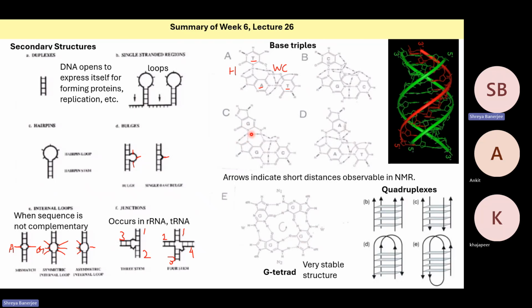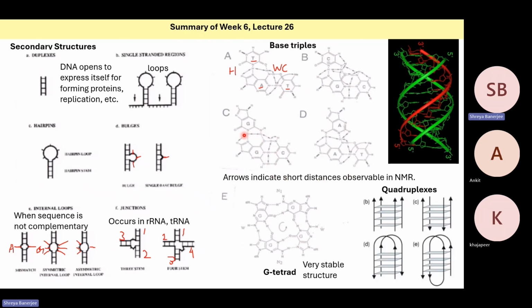Here, the protons which are close to each other in space are indicated by these arrows. That is, between these two protons we expect to see a peak in the NOESY spectra. Similarly for the other arrows shown here.